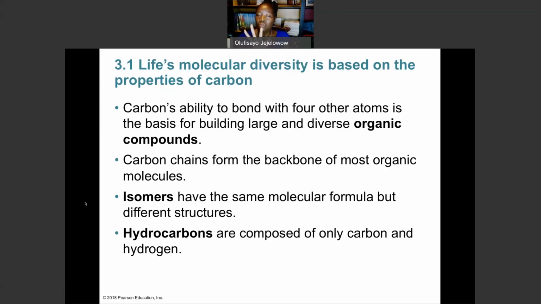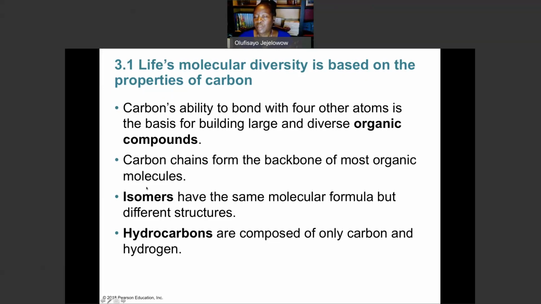It is the only element whose atom can covalently bond 4 times with 4 different atoms, and so it's uniquely positioned to form the backbone of diverse organic compounds. Carbon's ability to bond with 4 other atoms is the basis of building large and diverse organic molecules.